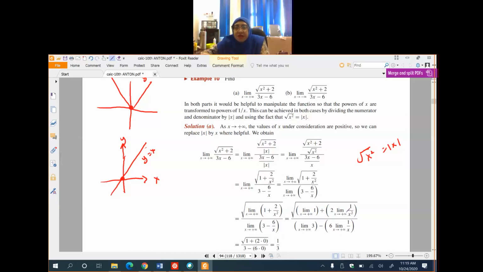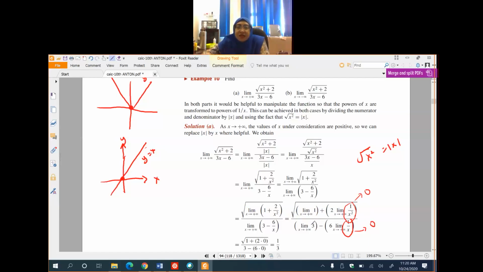1 over x squared, as x tends to infinity, will give you 0. So this part here will be 0. And this one as well: 1 over x, as x tends to plus infinity, will be 0 as well. This one doesn't change because it is just a constant. Limit of 1 is just 1.